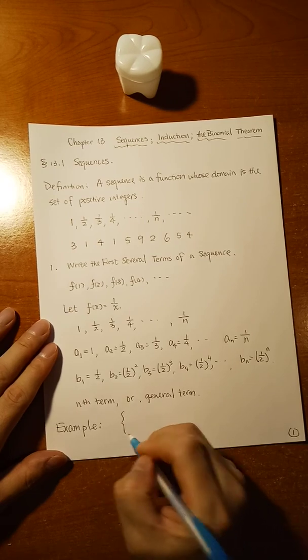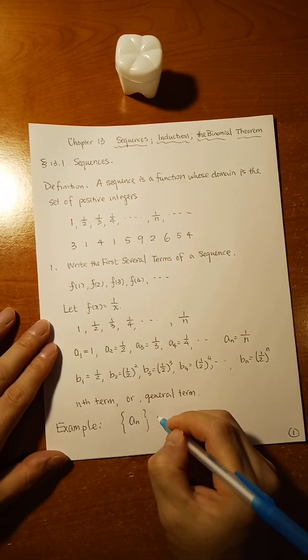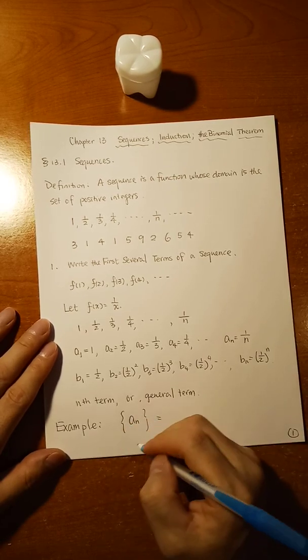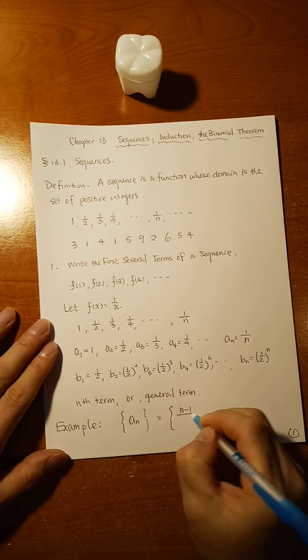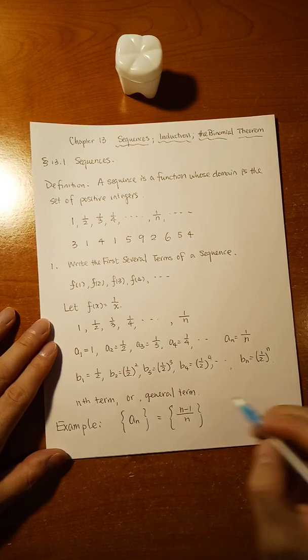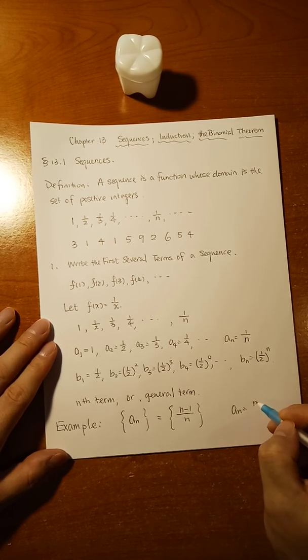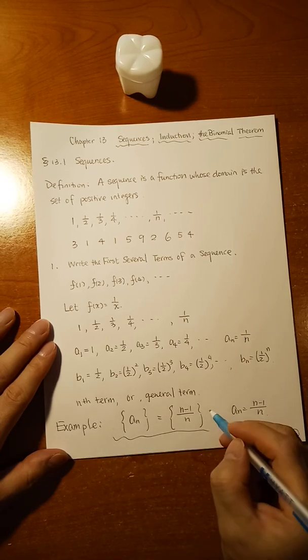We use a big parenthesis and we use a sub n. We mean we have a sequence. This symbol just means we have a sequence. And if I write it equal to n minus 1 over n, it means the general term a sub n is equal to n minus 1 over n. So this symbol just means this.